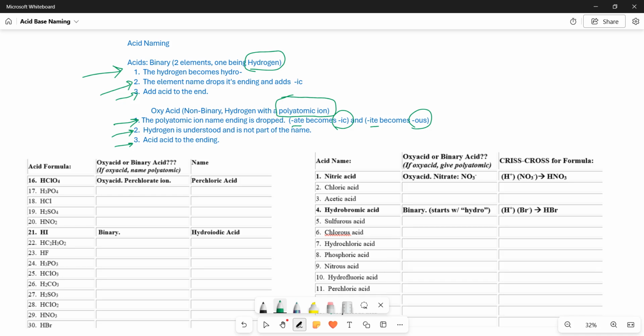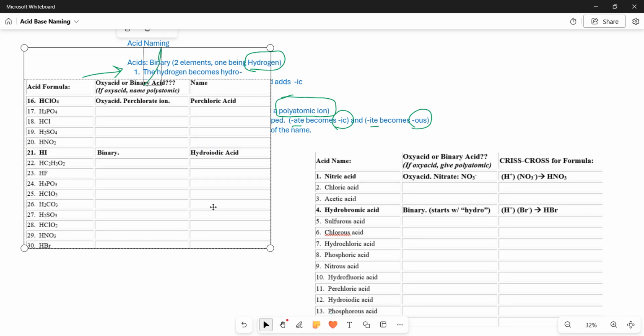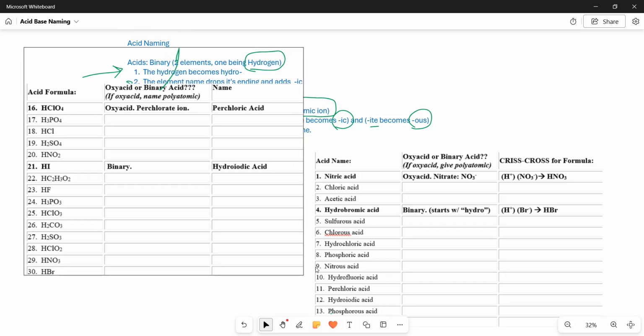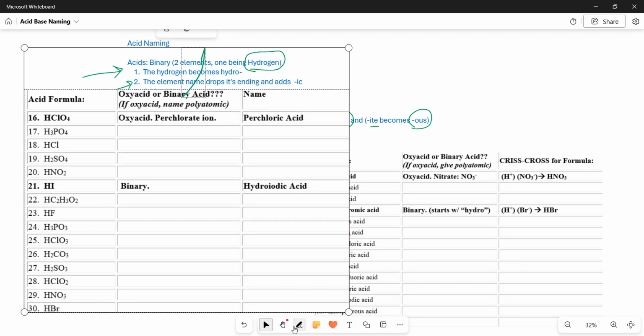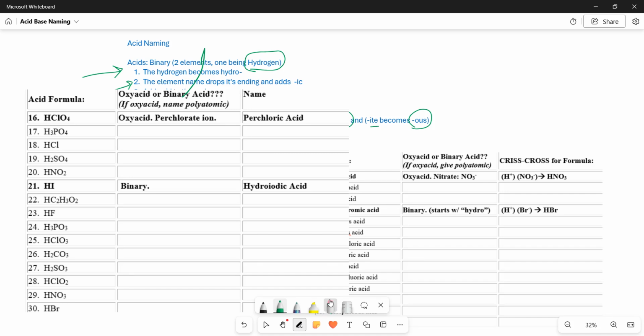So below you can see I have some examples. Let's go to the left side. I'm going to pull this up and expand it for our writing purposes, so that you can see a little bit better. Looking at our examples here, we're going to go to 17. You can see that it is not binary. We have phosphate as part of the compound, so the hydrogen is going to be ignored.